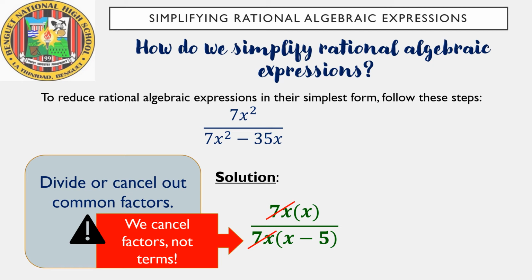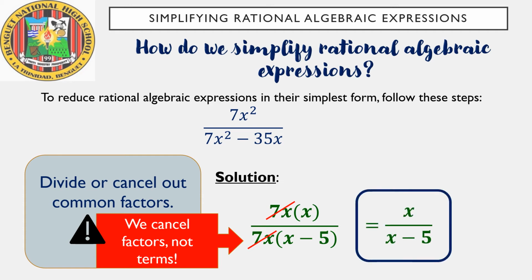That is why we don't cancel x even if we see it on both numerator and denominator because it is considered a term, especially in x minus 5. Now that we've canceled the common factor, what remains is the simplest form of the expression, which is x over x minus 5.